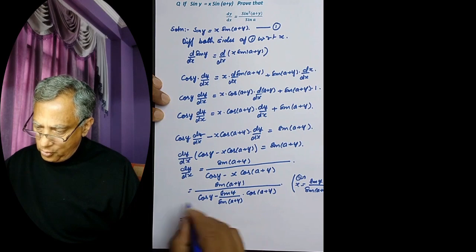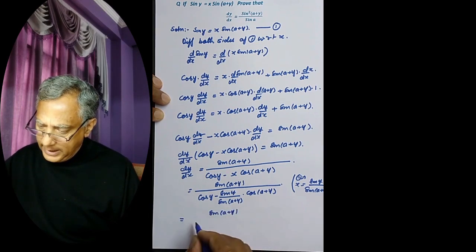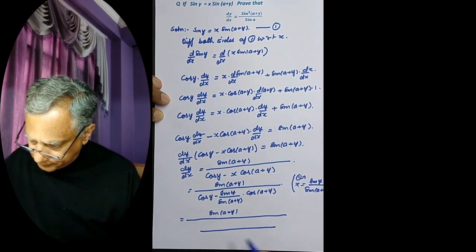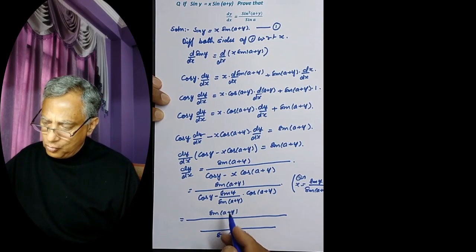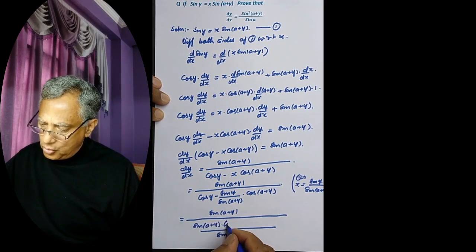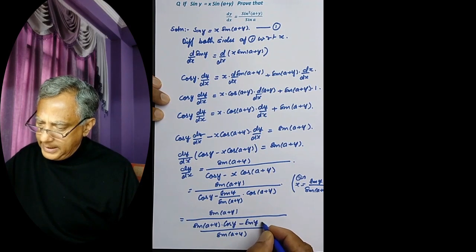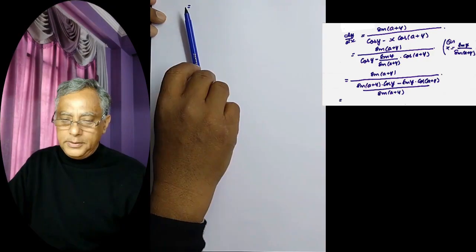Now take the LCM. So this will be sin(a + y) divided by, this is the LCM, sin(a + y). So we get sin(a + y) into cos y minus sin y into cos(a + y).